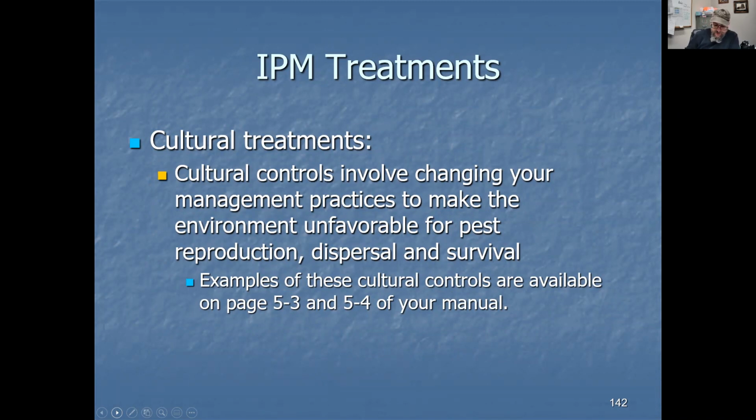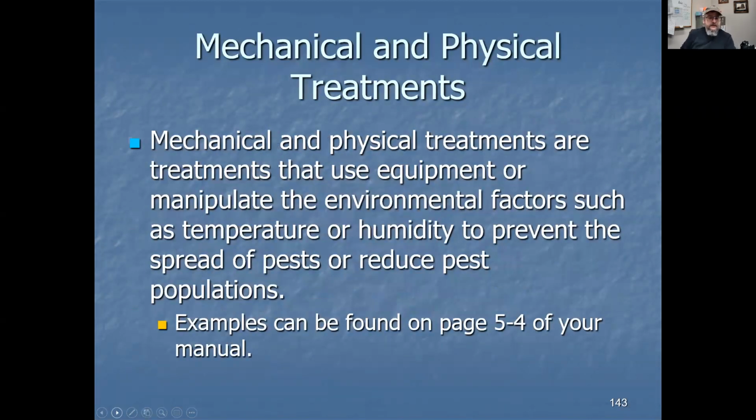So if you're in your book in chapter 5, page 3, it lists some ideas for cultural treatments on page 3, page 4, and then you've got mechanical and physical treatments and biological treatments. And anyway, we'll talk about all these.